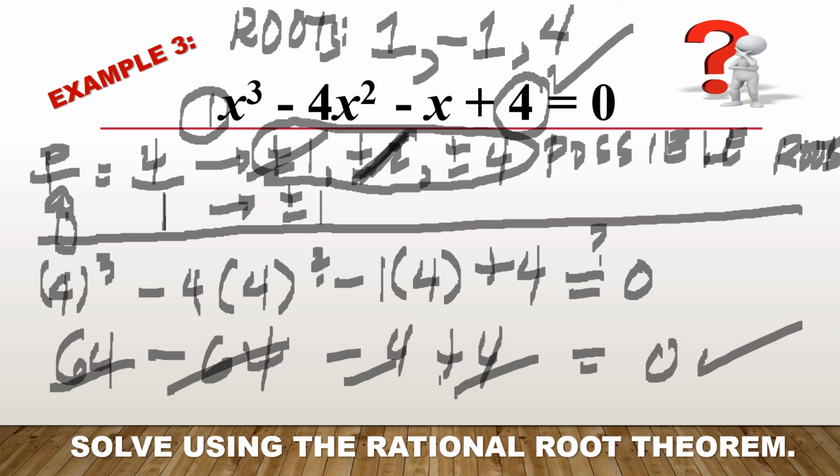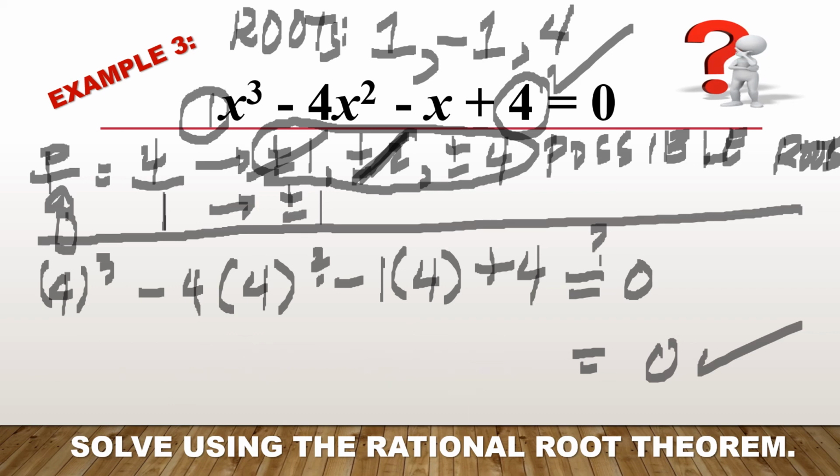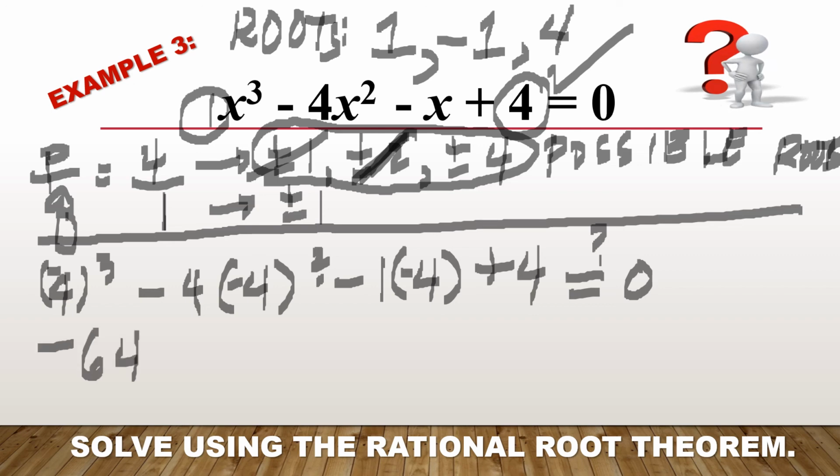So roots now. And finally, let's have negative 4. But before that, let me erase all this and then change all 4 into negative. So this will be negative 4, negative 4, negative 4. Negative 4 cubed is negative 64. Negative 4 squared is positive 16 times negative 4 is negative 64. Negative 1 times negative 4 is positive 4 plus 4.